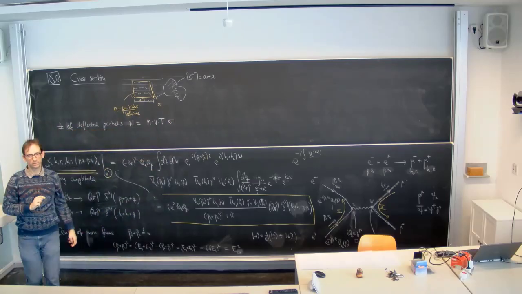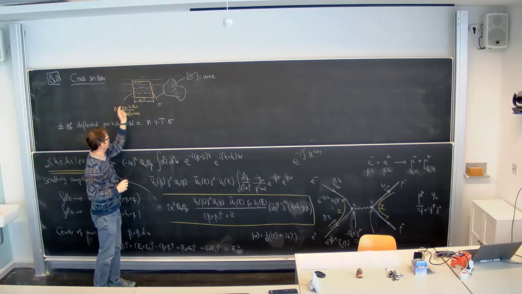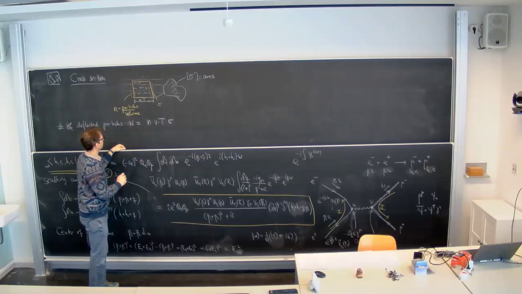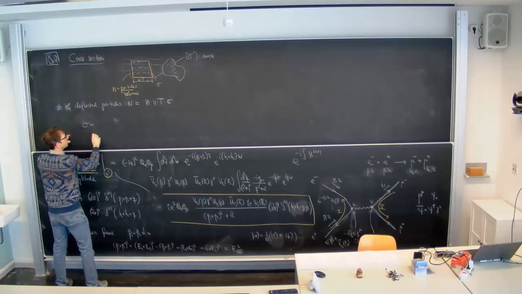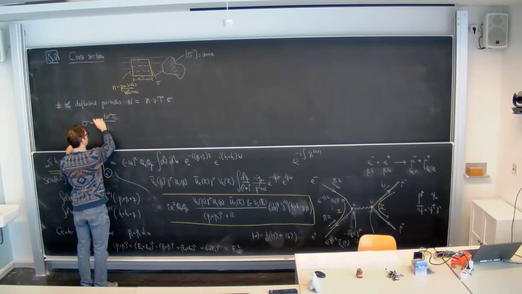Ooh, there it is. So the number of particles that are deflected by such a beam is given by the density times the volume. And we're now solving this for sigma. Sigma is N divided by that, which is not so hard. This is probably the best computation of today.